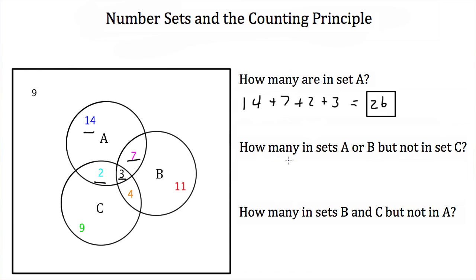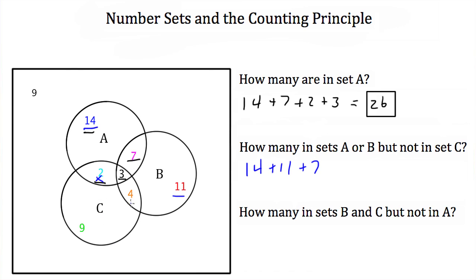Now we want to know how many are in set A or B, but not in set C. So sets A or B, well, these 14 are in A, these 11 are in B. We have these 7 here that are in A and B. We have these 2 that are in A and C, but our elements cannot be in C, so we ignore those.